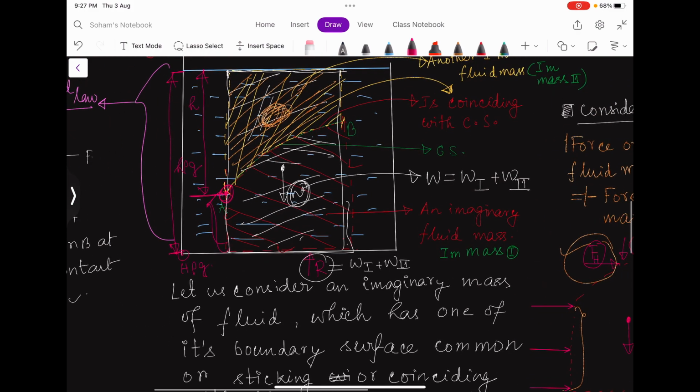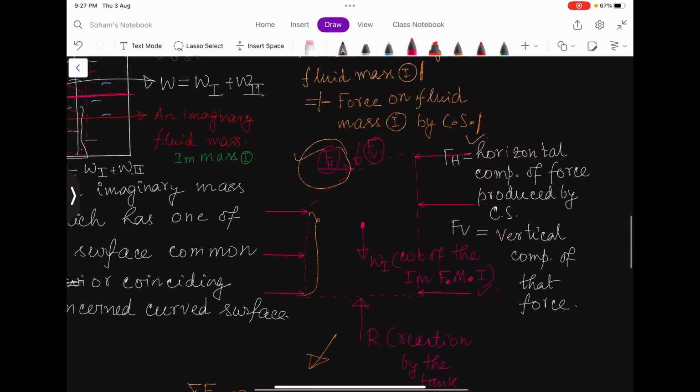I have said that I can find the pressure if I know the height, and at this level, for all the points, the pressure is H rho g. So for all the points at this level there is the same pressure. That means this pressure force has the direction opposite to this pressure force, and this will hold for all the levels in this domain.